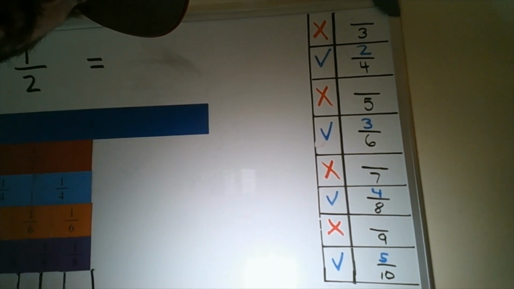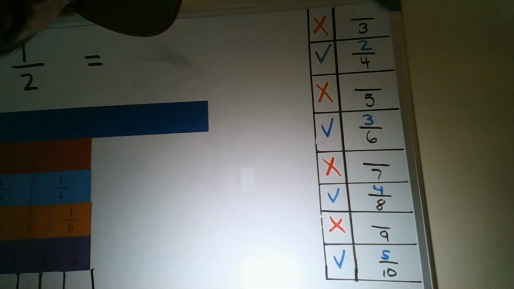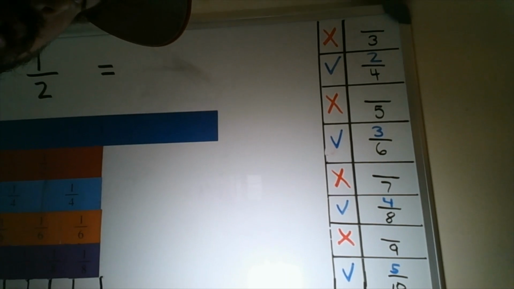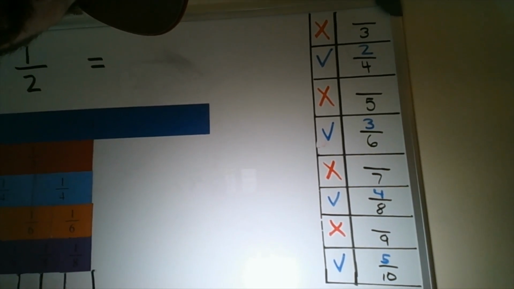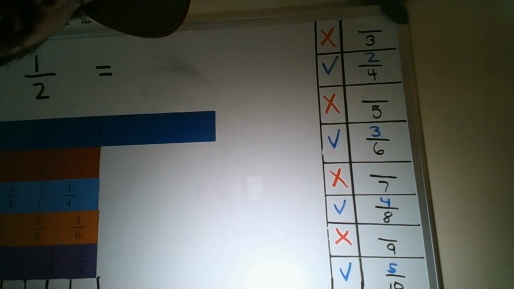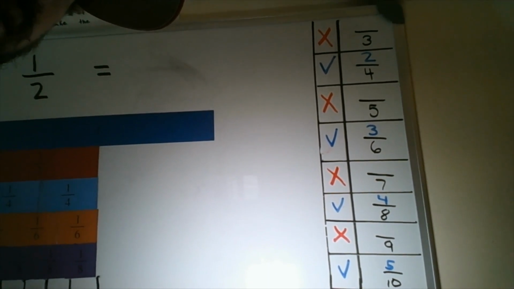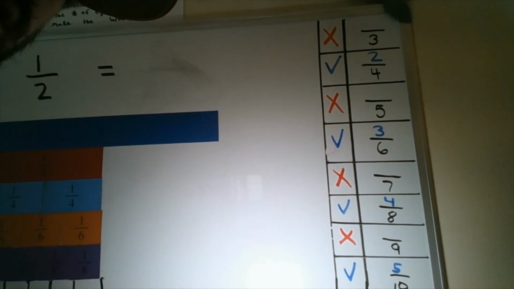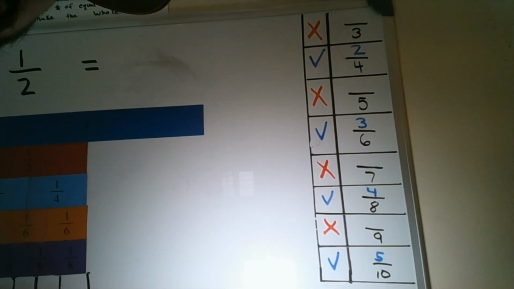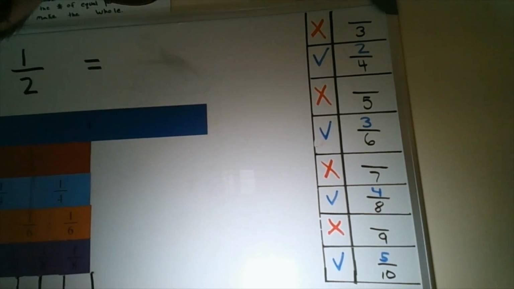I wrote the numerators in there as well. So those that were equivalent have blue checks with the number of parts or parts of that make that whole. And I had red X's that did not have any equivalence to 1/2. Do you see any patterns? I notice that I have an X, then a check, an X, then a check.